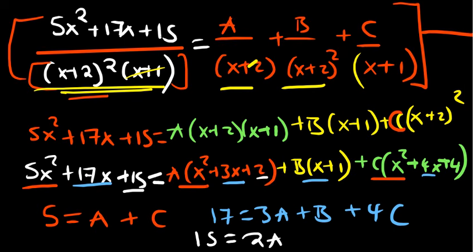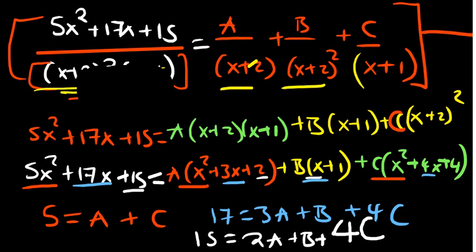Then we have b plus, and for our c we have a 4, so it's 4c. Okay, let's create some space on top here.